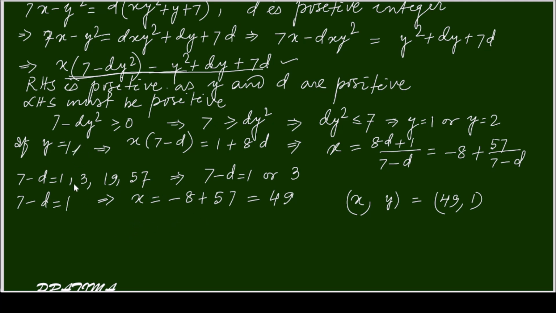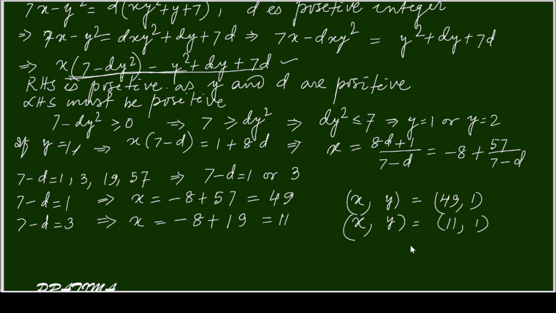And if 7 minus d equals 3, that time x equals minus 8 plus 57 over 3, that will be 19 minus 8, so this should be 11. So x, y again will be 11, 1.